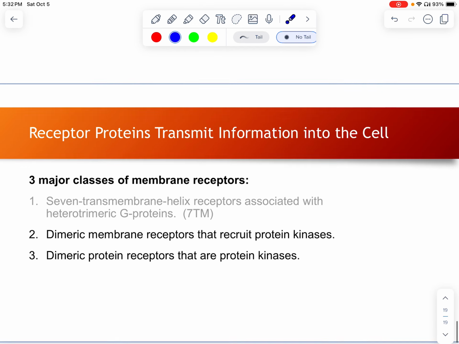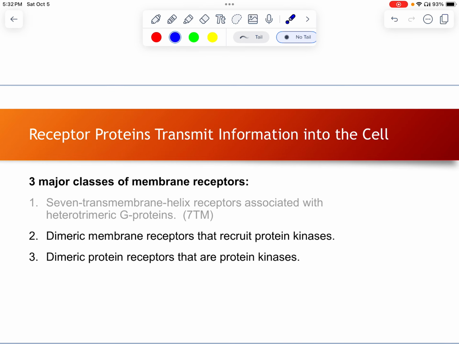And just to kind of highlight, we looked at two dimeric membrane receptors, and they were similar in that they both have kinase activity. They can both phosphorylate once they bind the primary messenger. In the first case, the receptor recruits a kinase that is closely held in with those IMFs.